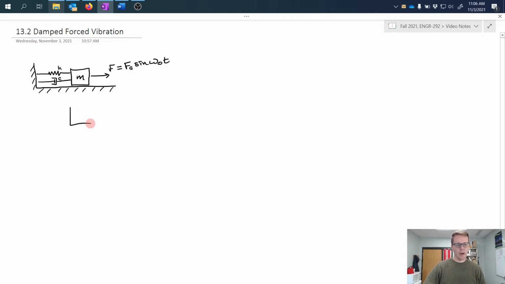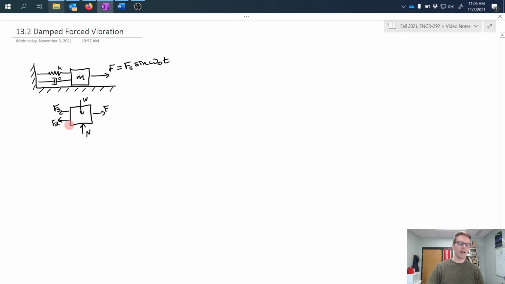So if I pull my mass out and draw a free body diagram, I might have the weight and the normal force, which I'm not going to really worry about right now. I have my applied force, and then I have my force due to the spring and my force due to the dashpot.